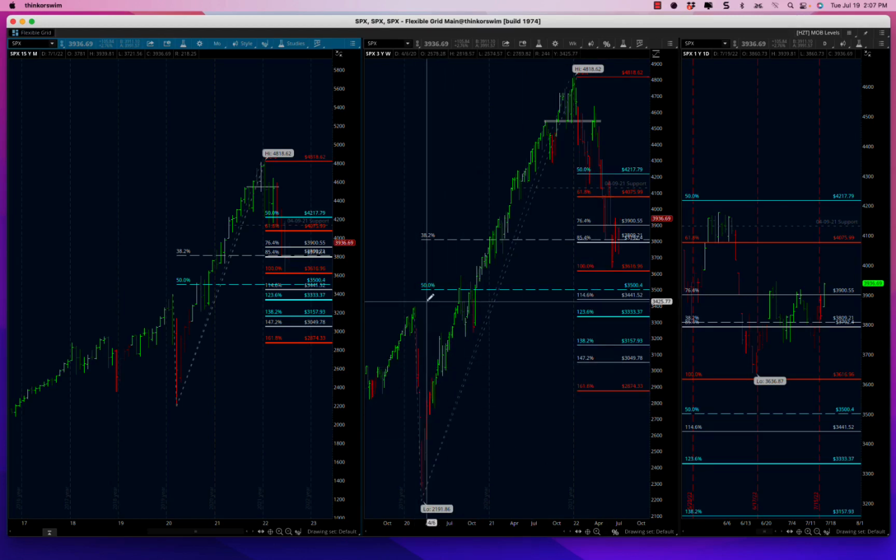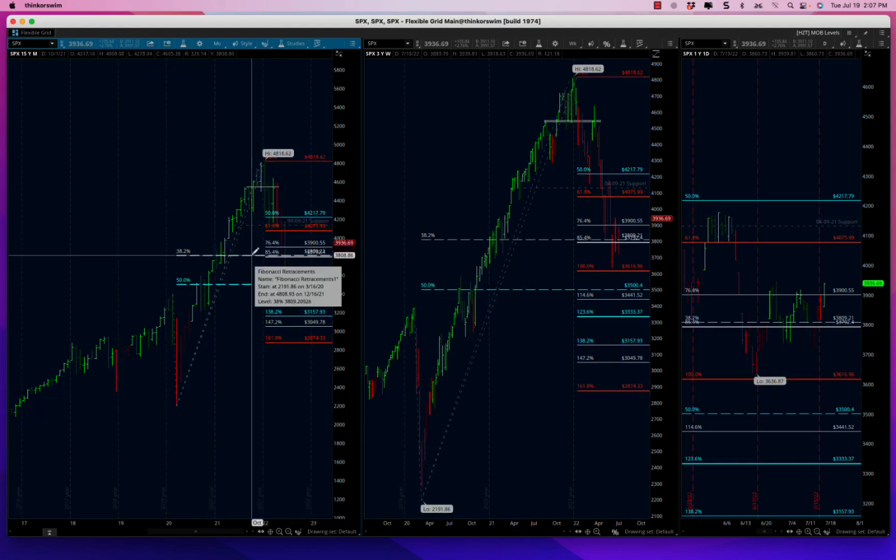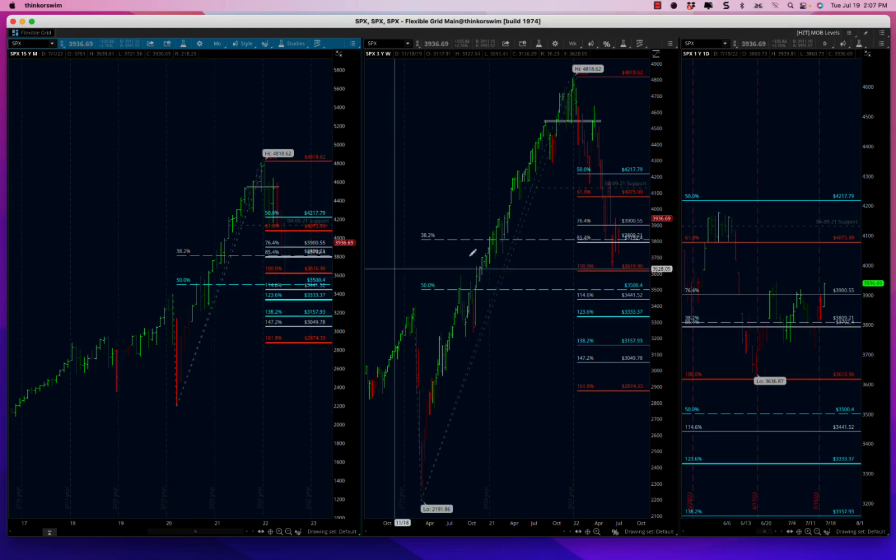So we know from a bigger time frame, my low to high, where my 382 comes in, where my 50 comes in. So those are going to be my baseline levels that will flow to any charts that I look at on an intraday basis.